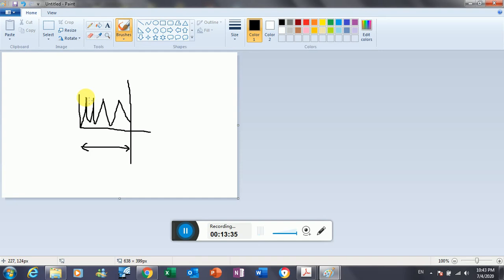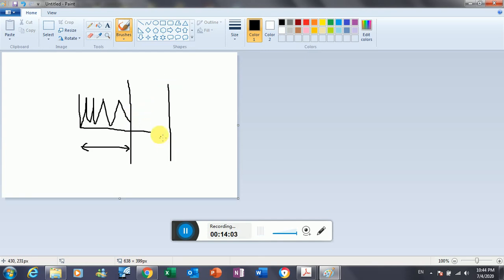What is maxima? The point at which the signal reaches its peak value. This is called maxima. So there are 1, 2, 3, 4 maxima and 1, 2, 3, 4, 5, 6 minima, right? So there are a finite number of minima and maxima in this finite duration. So this satisfies the Dirichlet condition.